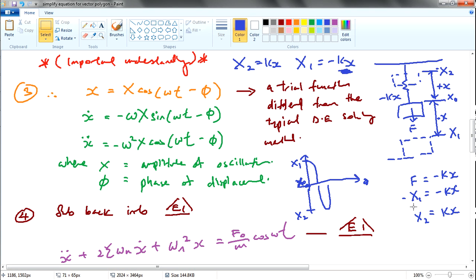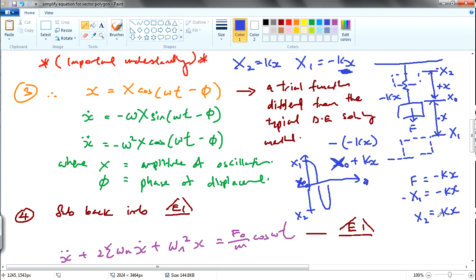This should be clearer: minus x1 is equal to minus kx. So if x naught over here minus kx, it will be x naught plus kx. Eventually you will reach x1 over here. Hope I make sense.